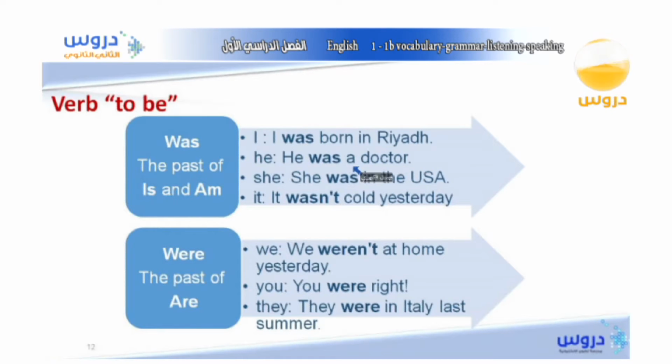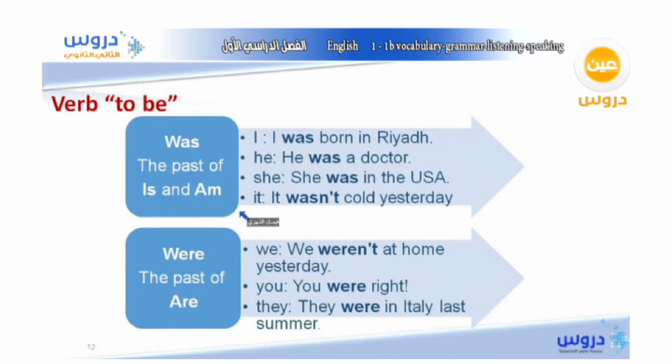No. We are using is with he, she and it. Okay? We are using am only with I. Okay? But for both, we are using was. Okay, hope you get it.